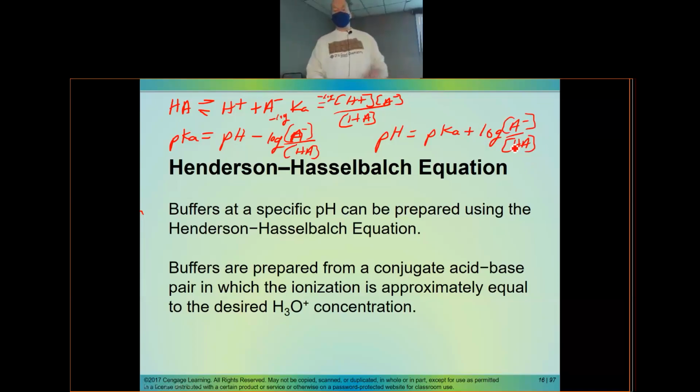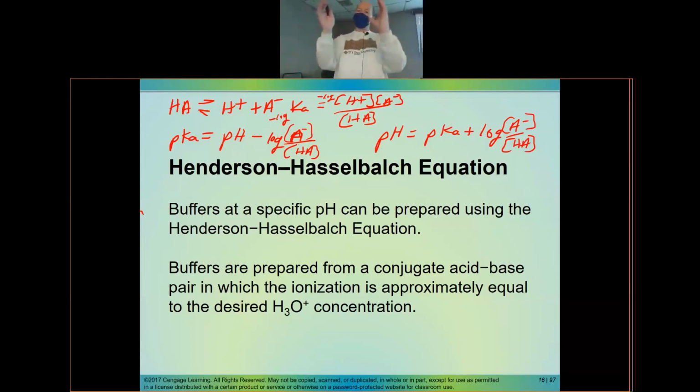Now, since we have a buffer, that means you do have an A minus concentration and an HA concentration. You're going to say, but we're putting in the initial concentrations for A minus and HA. Remember, your X values never change the initial concentrations when you have a reactant and a product, and this is a buffer, a reactant and a product. So the X value never changes.